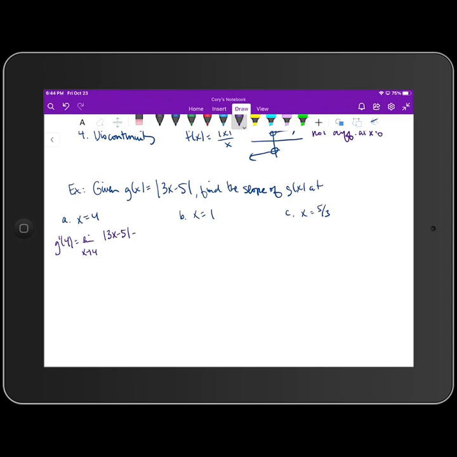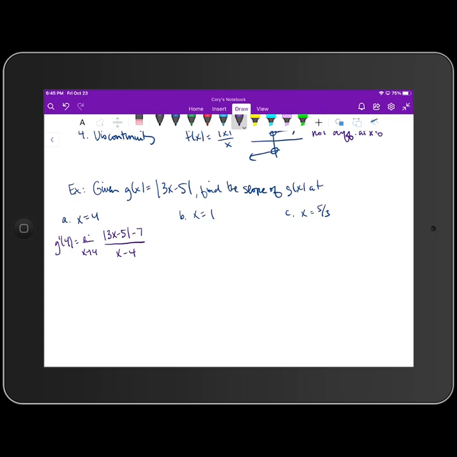So if I plug 4 into my function, that's going to be 3 times 4, which is 12, minus 5 is 7, and the absolute value of 7 is 7, all over x minus 4.